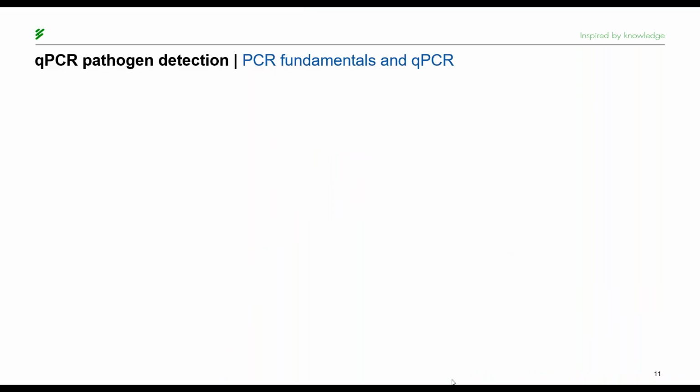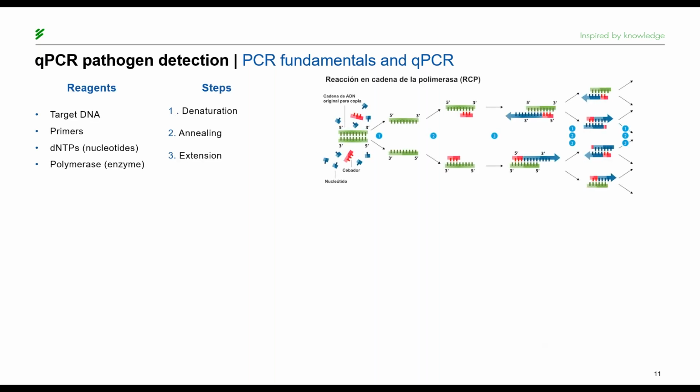Again, it is impossible to talk about qPCR without first mentioning the PCR, which of course, the vast majority of us know or have heard of. The acronym PCR is the name of the technique, polymerase chain reaction, with which it is possible to obtain copies of a single DNA fragment present in a sample through amplification cycles.